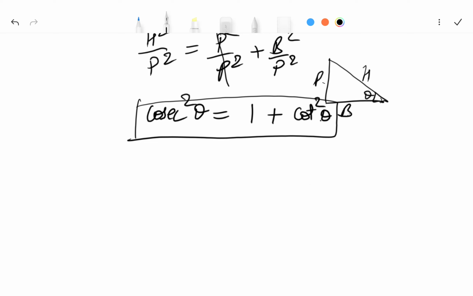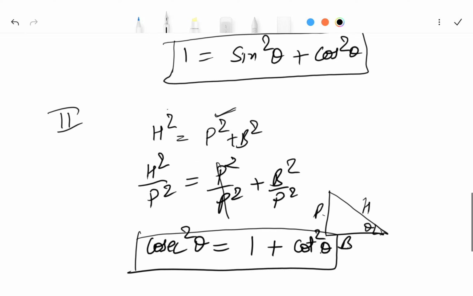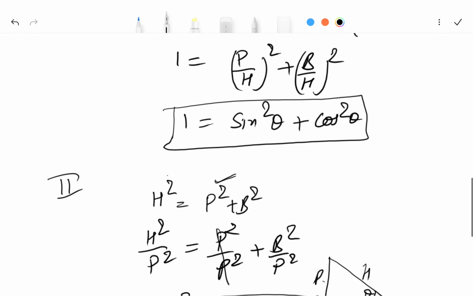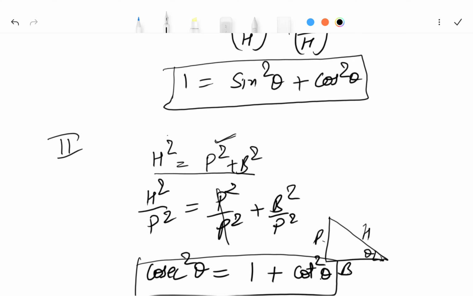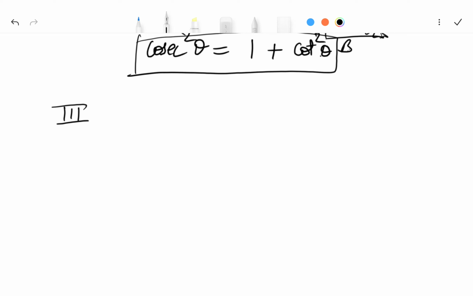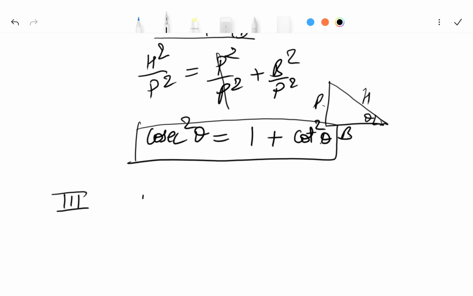Now I have to derive my third formula. So I will again write this same equation: h square equals p square plus b square. I have already divided with h and p. Now I will divide it with b.